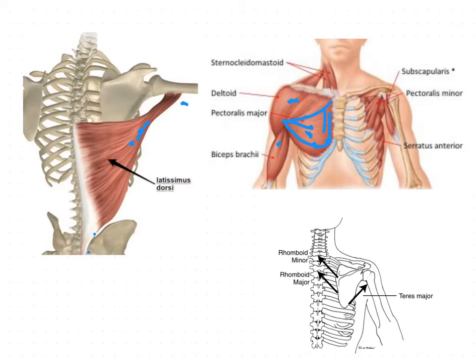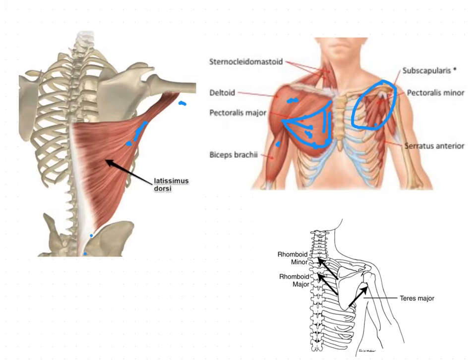Okay, so another muscle is the pectoralis minor muscle. So here this is the pectoralis minor muscle, which assists the latissimus dorsi. So this pectoralis minor is assisting the latissimus dorsi and the pectoralis major by directly depressing the scapula through its attachment on the coracoid process.